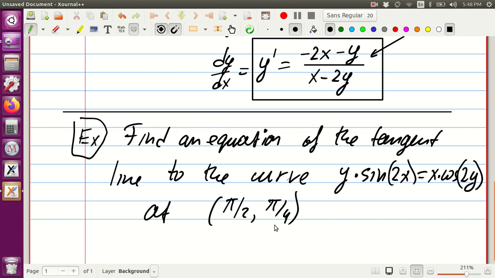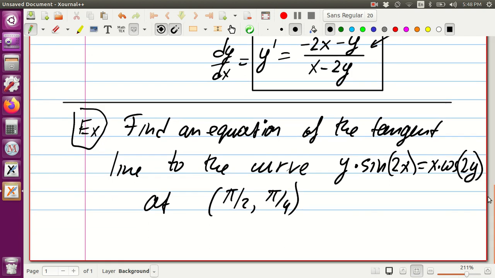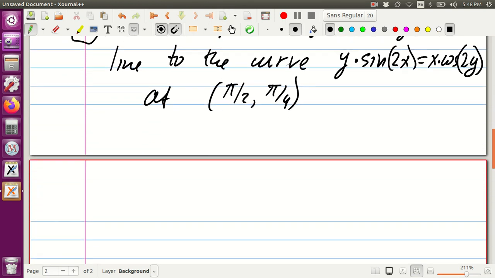So definitely we don't have y equal to a function, and it would be too hard to solve for y over here, so we're not going to solve for y, we're just going to use implicit differentiation. And for implicit differentiation we don't have to solve for y, that's the beauty of it.